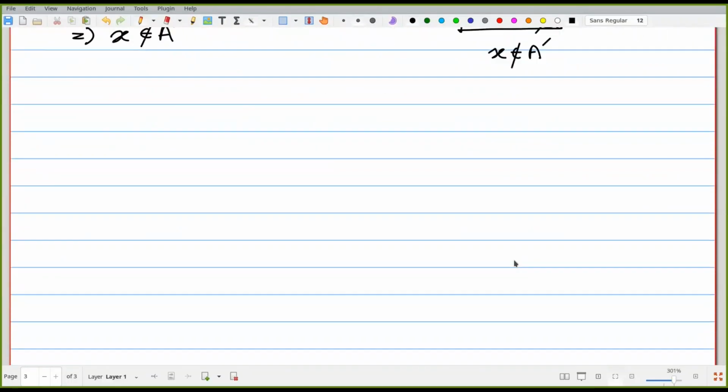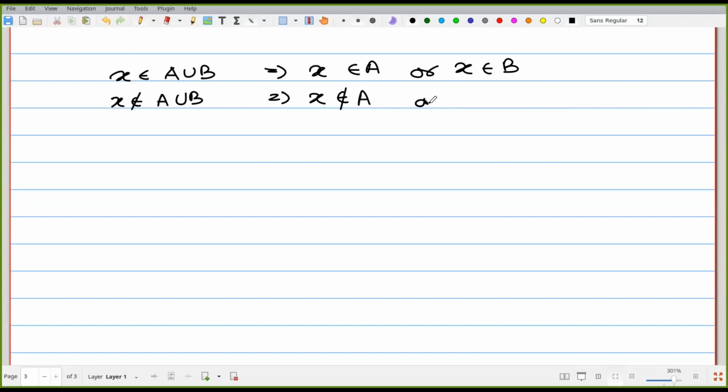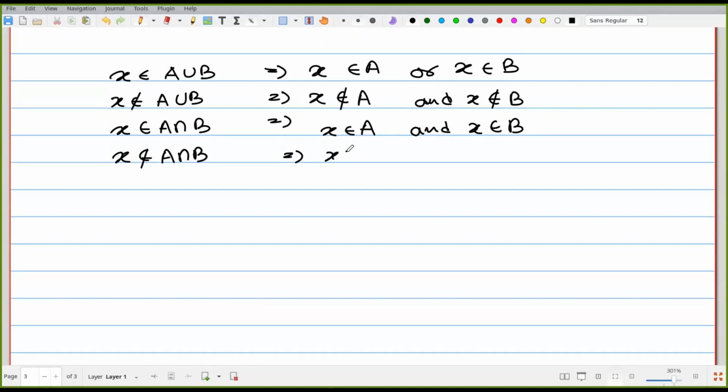So from the very first one, I am just writing each and every one once again. X belongs to A union B, that implies X belongs to A or X belongs to B. X not belongs to A union B, that means X not belongs to A and X not belongs to B. X belongs to A intersection B, that means X belongs to A and X belongs to B, but X not belonging to A intersection B means X not belongs to A or X not belongs to B. X belongs to A, that implies X not belongs to A complement.